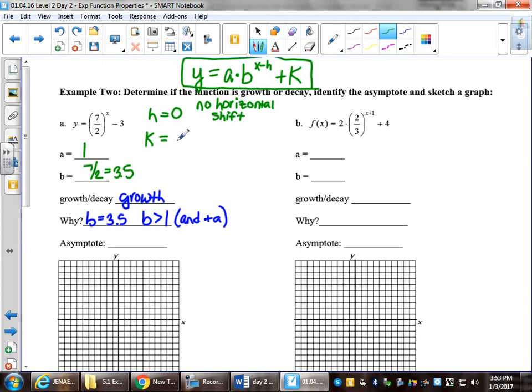K is very clearly -3. So that means a vertical shift, because K is all about vertical shift, down 3. And now that I've identified K, I know my asymptote. The asymptote will be Y equals -3.